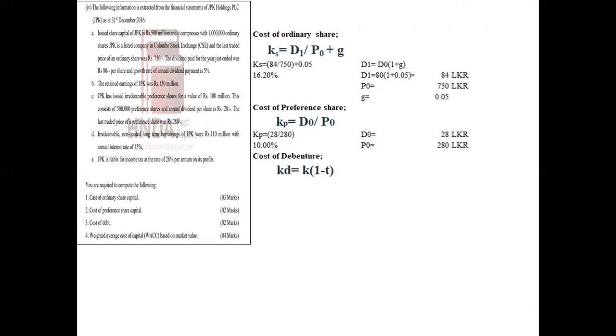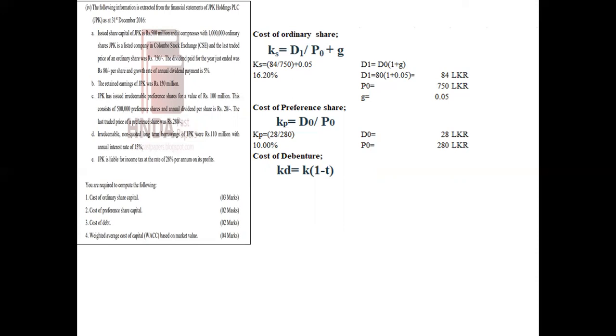It's easy. Now let's move to the debenture. When you hear the term debenture, you should be aware there are mainly two types of debentures: having a market value and not having a market value. When it does not have a market value, there are another two methods, redeemable and irredeemable.